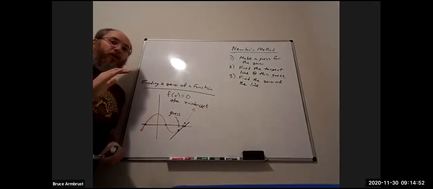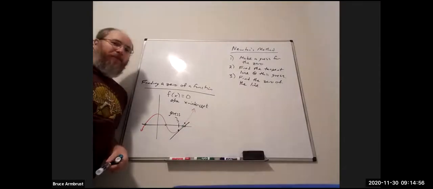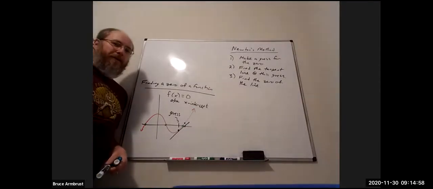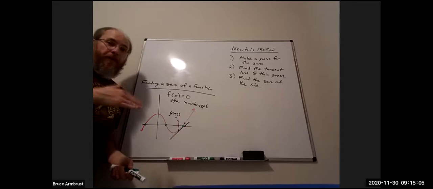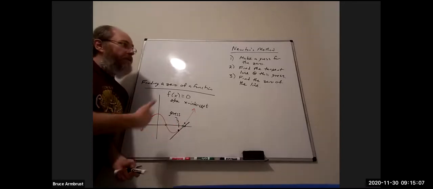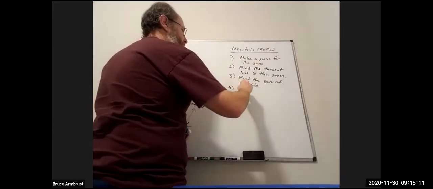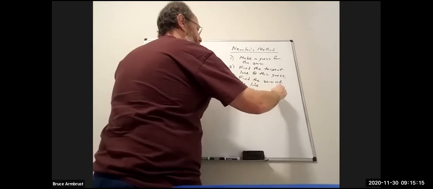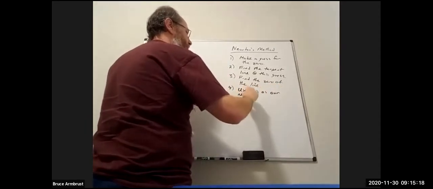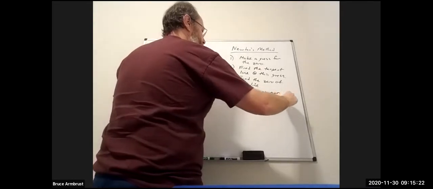And this is actually really easy. If you have an equation of a line and you set it equal to 0, it's easy to solve. So we find the zero of that line, and then we use this as our new guess and repeat the process.